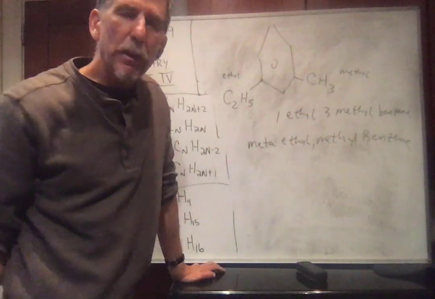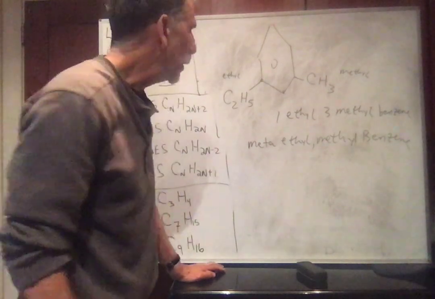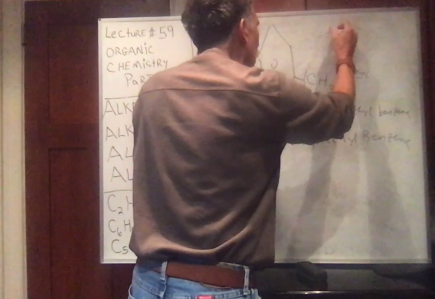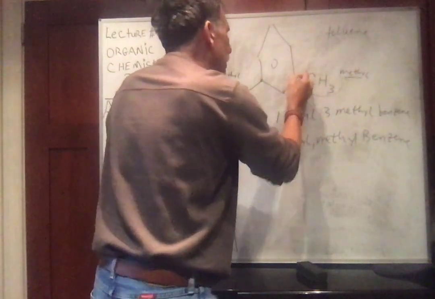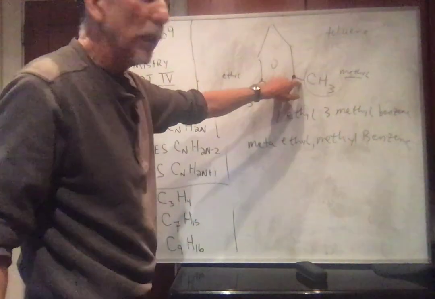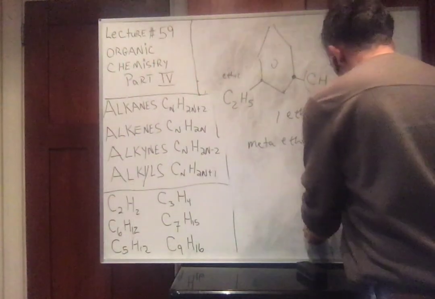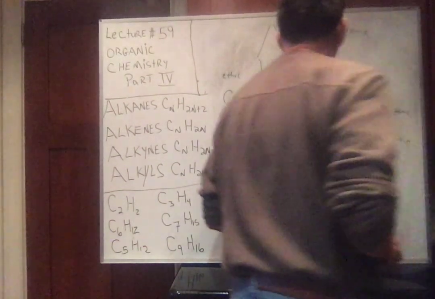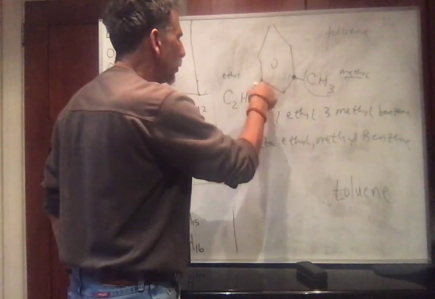Can anybody figure out another name for this? Can you see another name for this? All right, let's see. Remember methyl benzene was the same as toluene? I don't know if you remember that. So if I want to name this toluene, then this methyl group defines it as toluene. That would put this toluene on carbon 1. That would mean 2, 3.